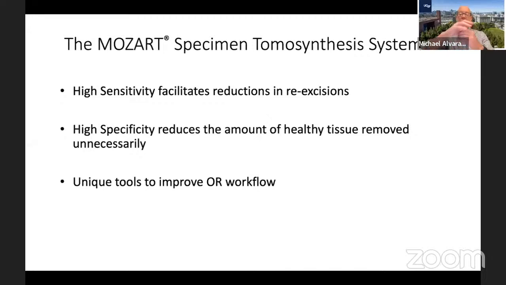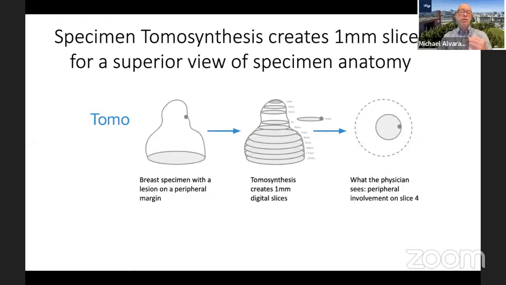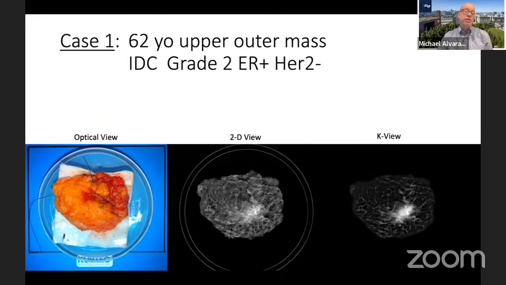So not only do they have to do the lumpectomy specimen, they have to do all the margins as well. And so that's a lot of time intensity that the pathologist has to use as well. Here you can see in 2 dimensions what the surgeon sees, but in 3 dimensions, you can actually see top to bottom. And here's just some of the cases from my institution.